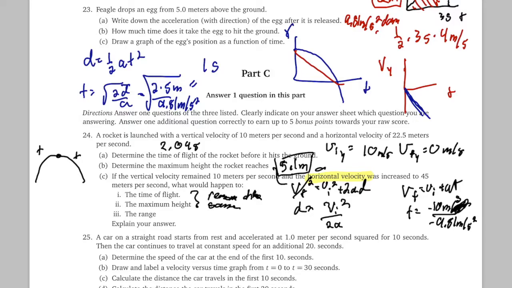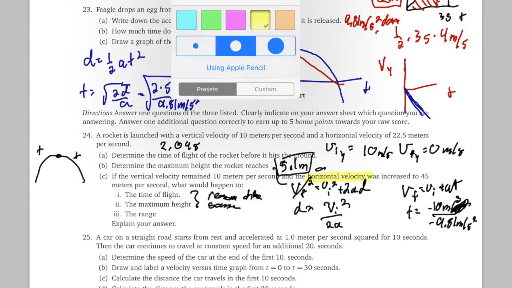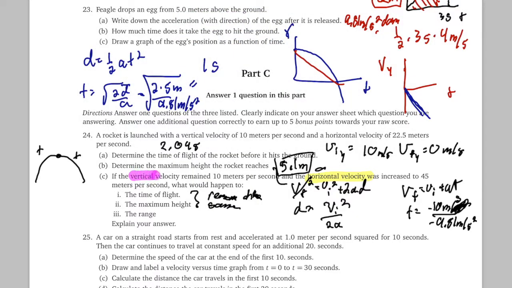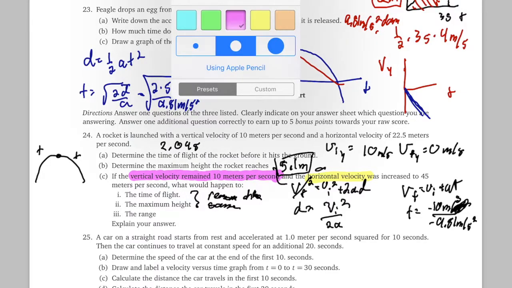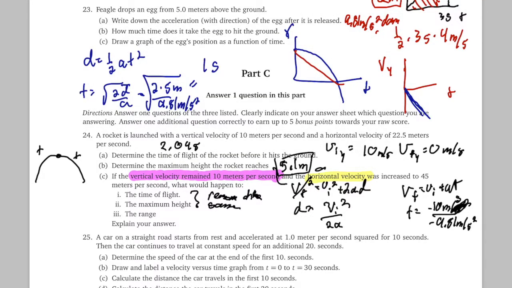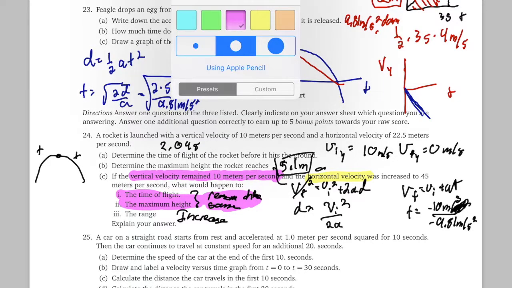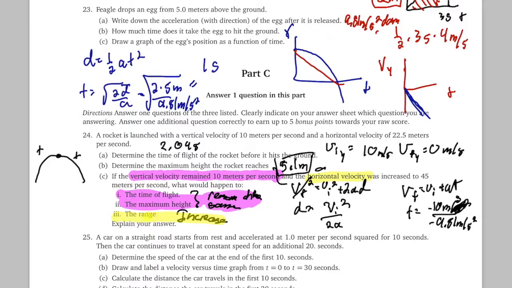If the vertical velocity remains the same, then we're not going to see any change there. But because we have increased the horizontal velocity, we will increase the range, right? So time of flight is determined by vertical velocity. Horizontal velocity with the time of flight changes the range.